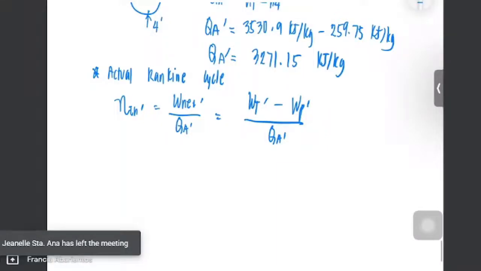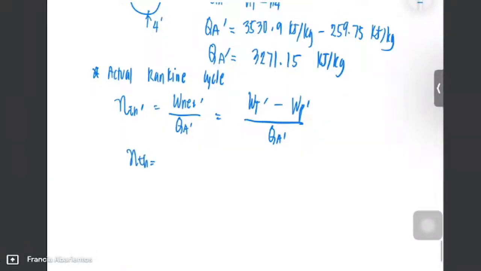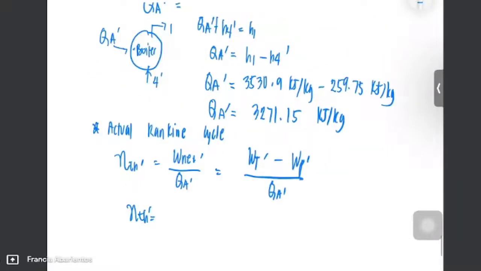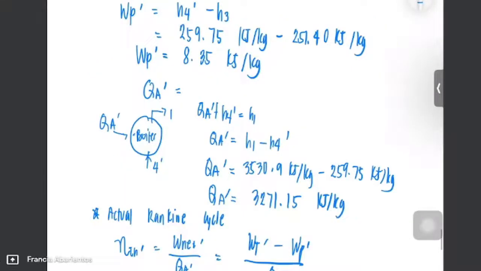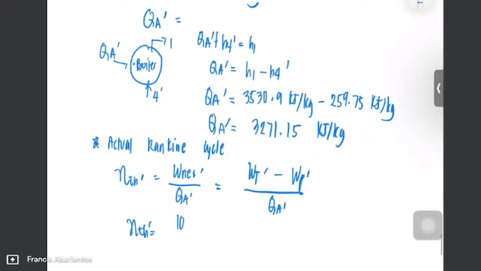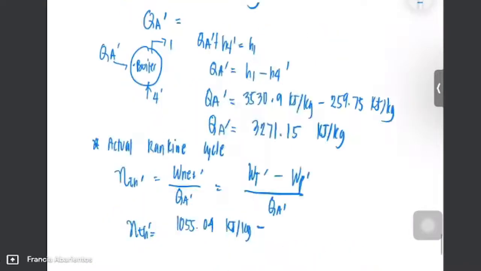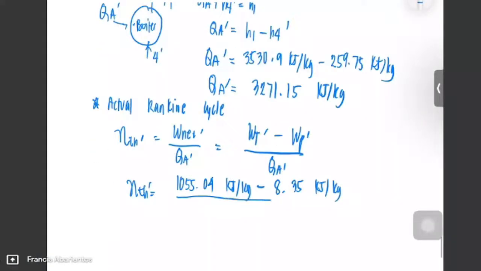Finding for the actual, we compute now turbine 1055.04 kilojoule per kilogram. Work ng pump, 8.35 kilojoule per kilogram. Divided by the heat added.